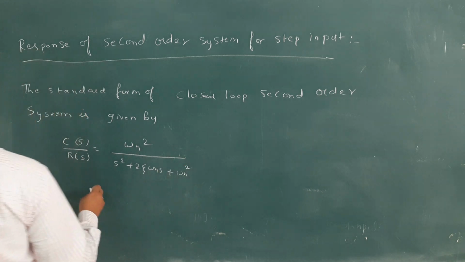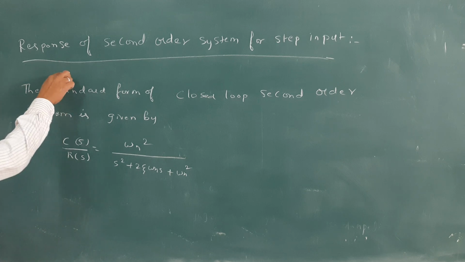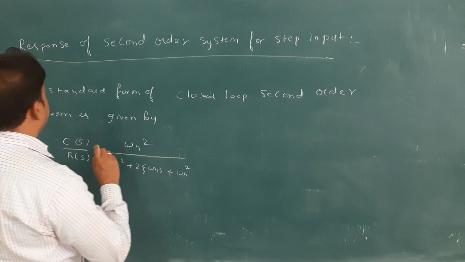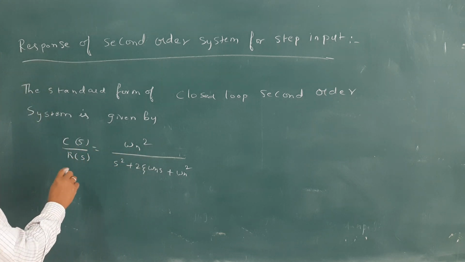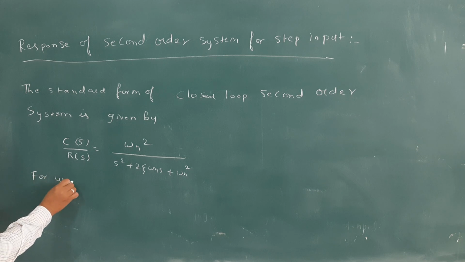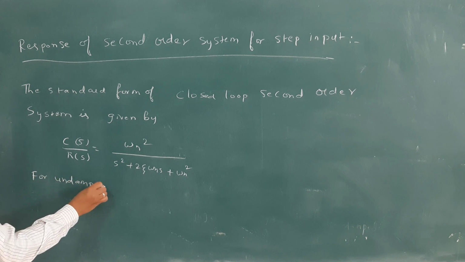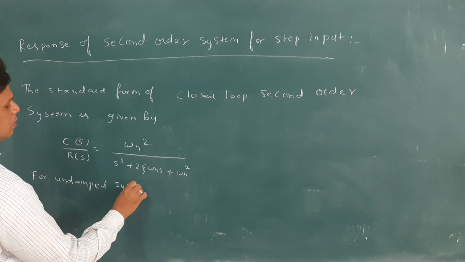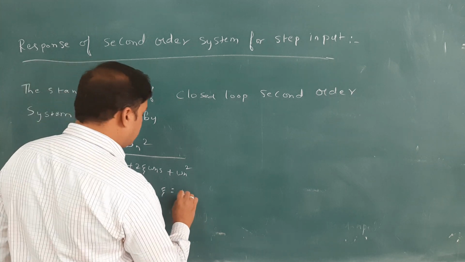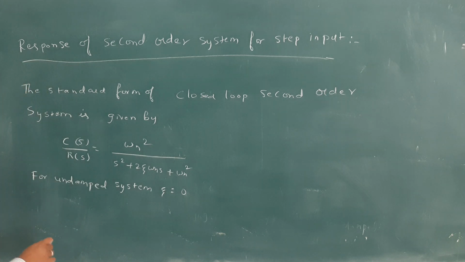So here, for an undamped system, zeta is equal to 0.